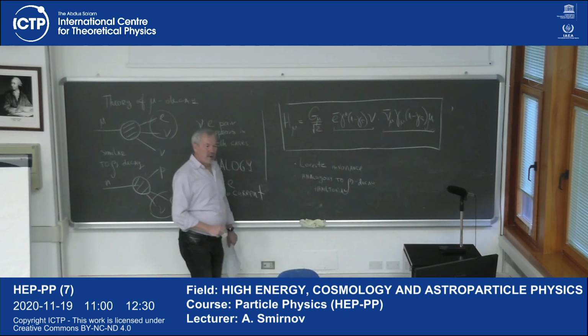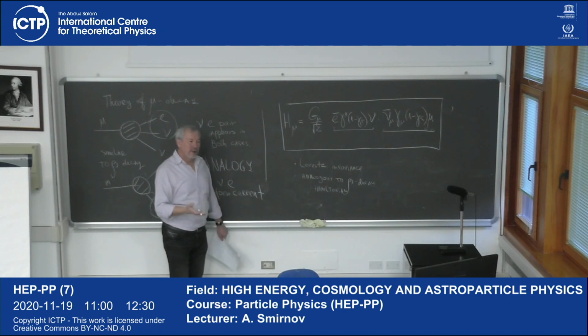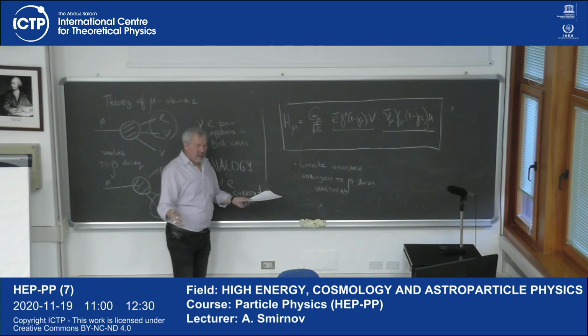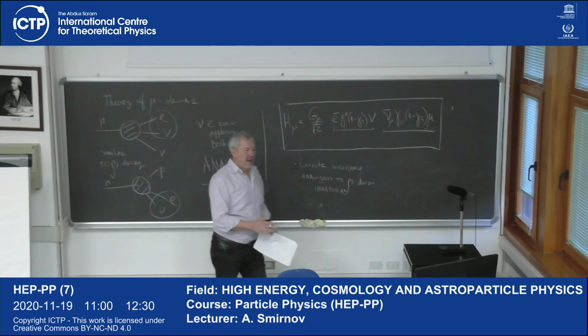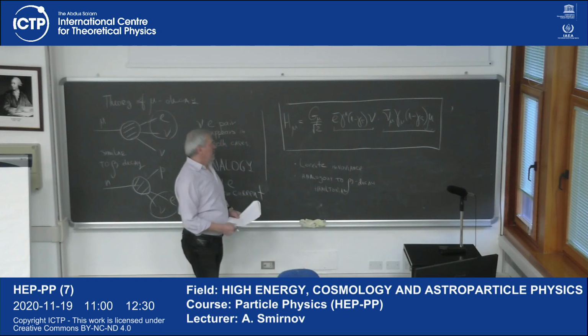So we will discuss different processes and construct Hamiltonians for different processes. Eventually we need to sum up all these Hamiltonians. So the whole theory is the sum of Hamiltonians which describe different processes. Why? Because the Hamiltonian is energy. Energy is an additive quantity, and therefore if you have different types of interactions, you need to sum up. So the total Hamiltonian is the sum of the Hamiltonians responsible for different processes.